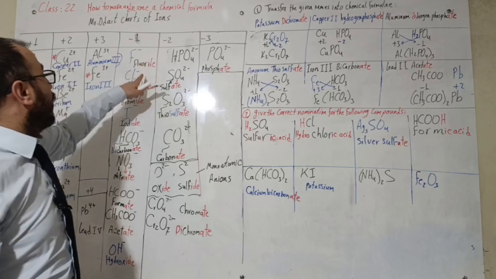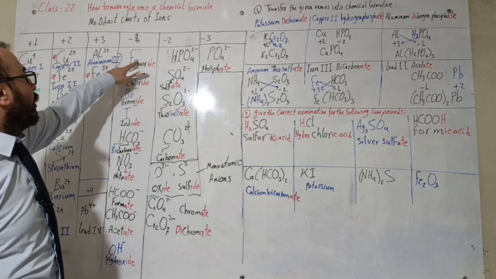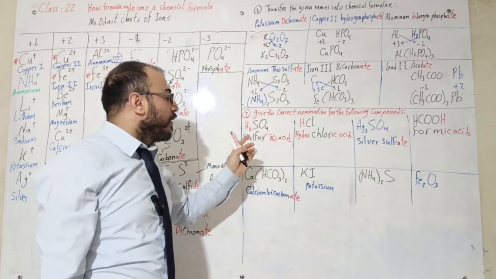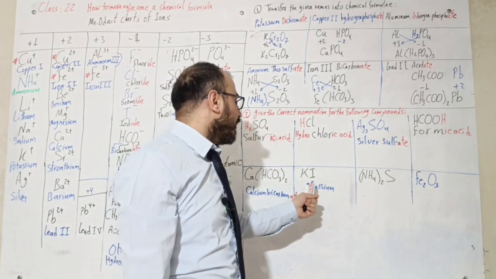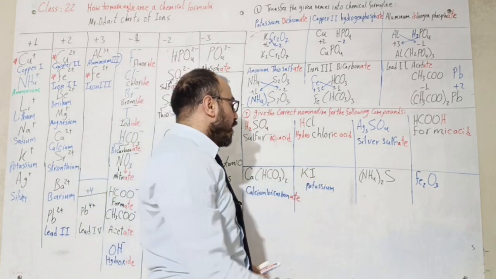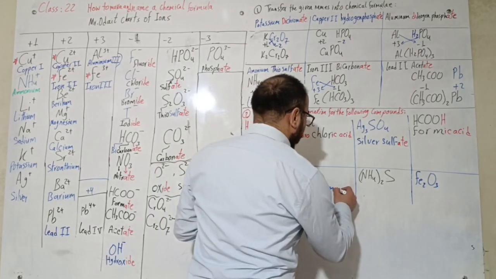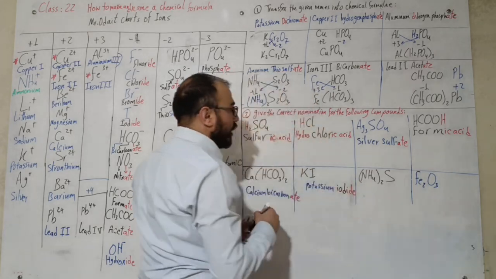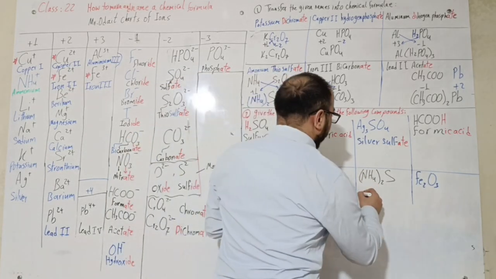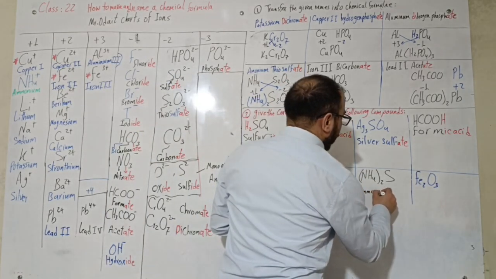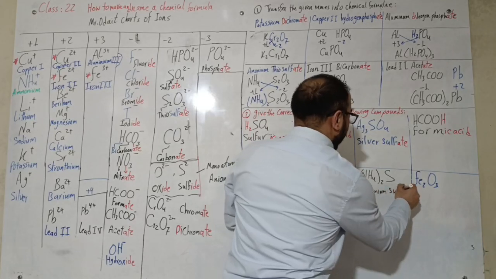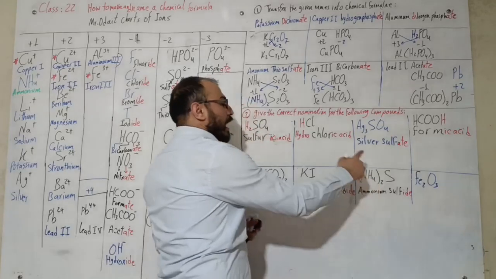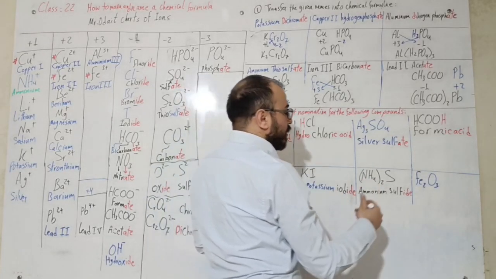For iod, we said iodide, like chloride, fluoride, bromide, iodide, when they are attached to any positive ion or any positive cation except for hydrogen, we add the ide suffix. Here we have ammonium sulfide, because it's a monoatomic ion and it is not attached to hydrogen, it's not an acid.